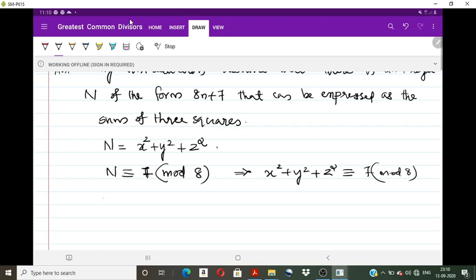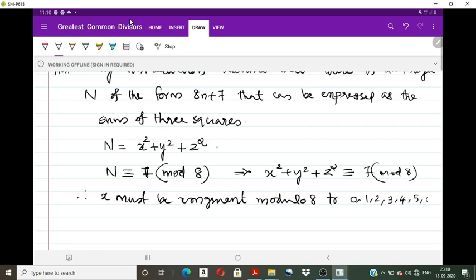So x, y or z must be congruent modulo 8 to one of the least residues 0, 1, 2, 3, 4, 5, 6 or 7.